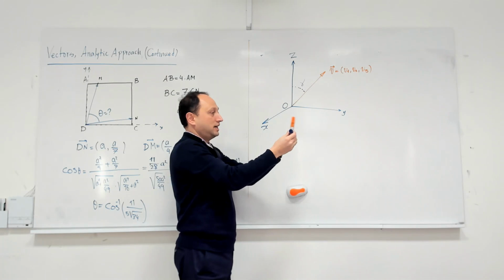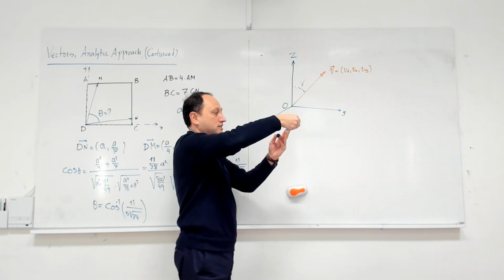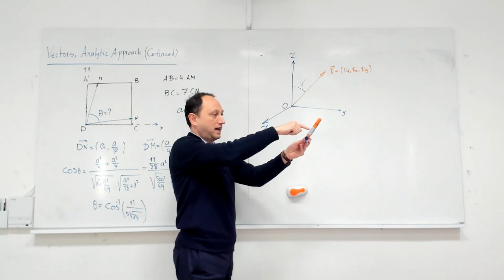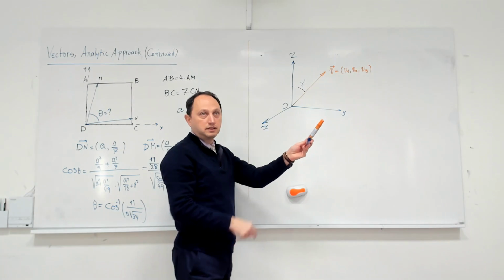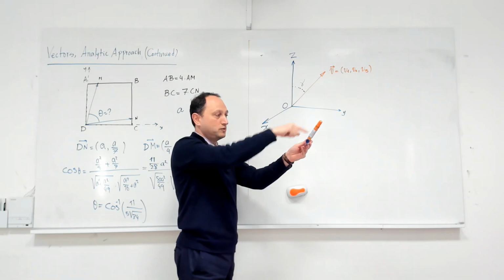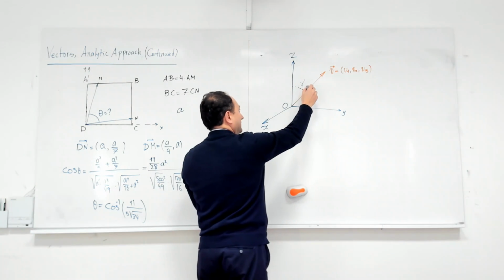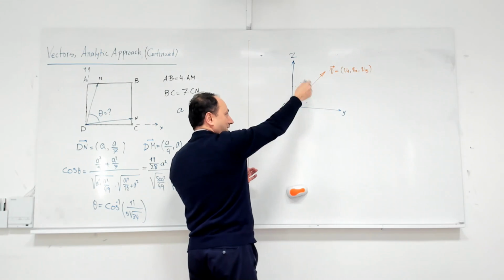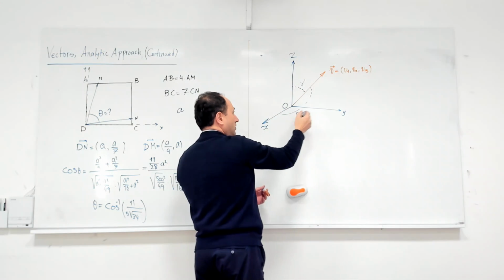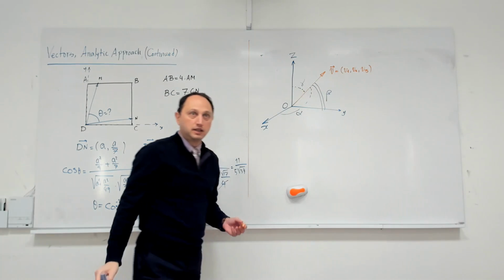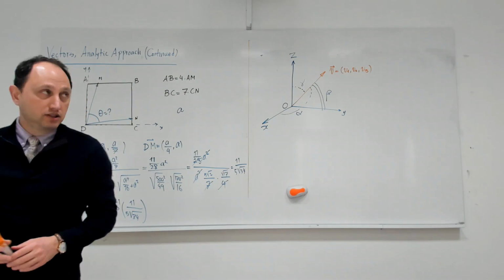So this is your vector x, and then I have somewhere here this orange vector, yes? This angle is angle alpha. The angle that my vector makes with the x direction is angle alpha, but here I don't know how to draw it. This angle, it's not that big, you see, but anyway, that's alpha, and the angle that this makes with the y-axis is called beta. These three angles are called direction angles.